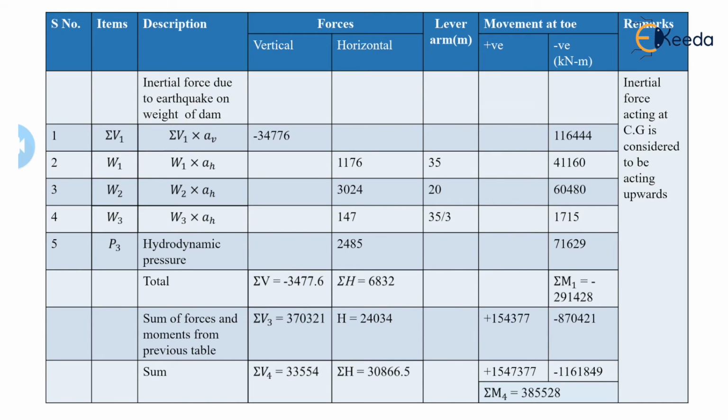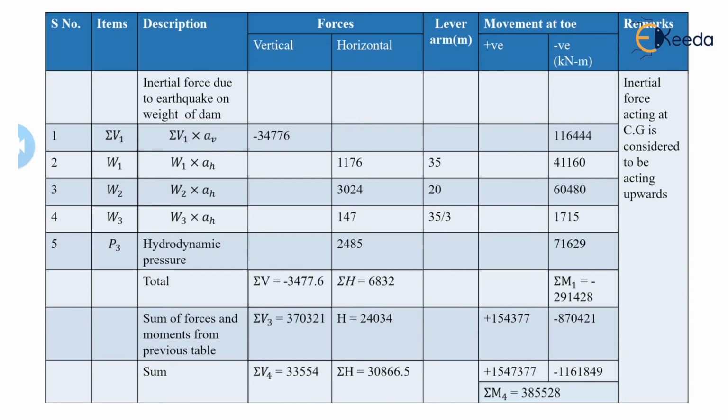Now, if you remember, when the horizontal earthquake acceleration affects the body of the dam, the inertia force arises. So we have to find out the inertia force due to the earthquake on the weight of a dam. It always acts in combination with the weight of a dam. So the summation of V1, the weight of a dam, multiplied by alpha V, that is vertical acceleration, the vertical force will be minus 34,776 kilonewton.